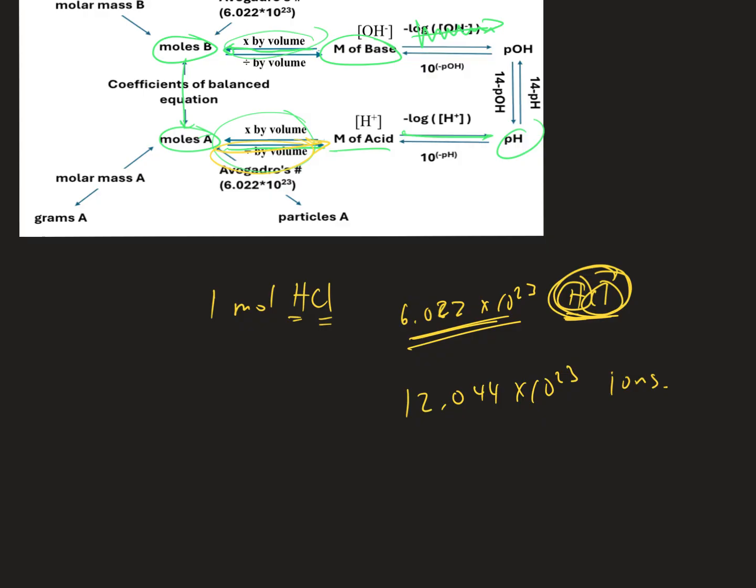That's why we can do it as a mole-to-mole ratio, because 1 mole of anything means 6.022 times 10 to the 23 of that thing. Doesn't matter what substance it is. Good? That clear things up, Andrew?